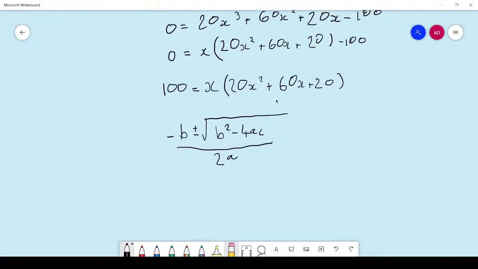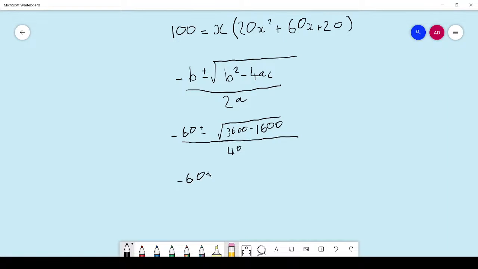Right, and in this case we would have negative b, so that's negative 60 plus minus square root 60 squared, so 3600, minus 4 times a is 80 and c was 20, so 20 times 20, 400 plus 4 is 1600 times 4, sorry, 1600, and that whole thing over 2 times a, so whole thing over 40.